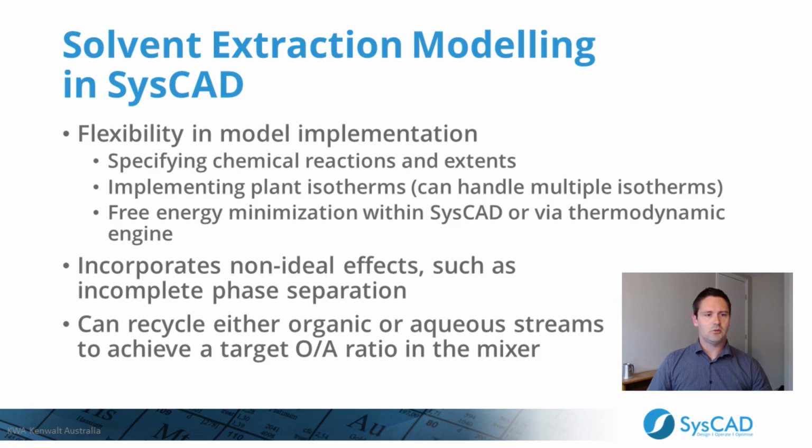And the third way, which we're looking at today, is free energy minimization within SysCAD, either using the FEM module within SysCAD or using a thermodynamic engine. Now, we can incorporate non-ideal effects, and basically you can put a solvent extraction model into your process and have it act as a digital twin of a solvent extraction cell in your actual process.